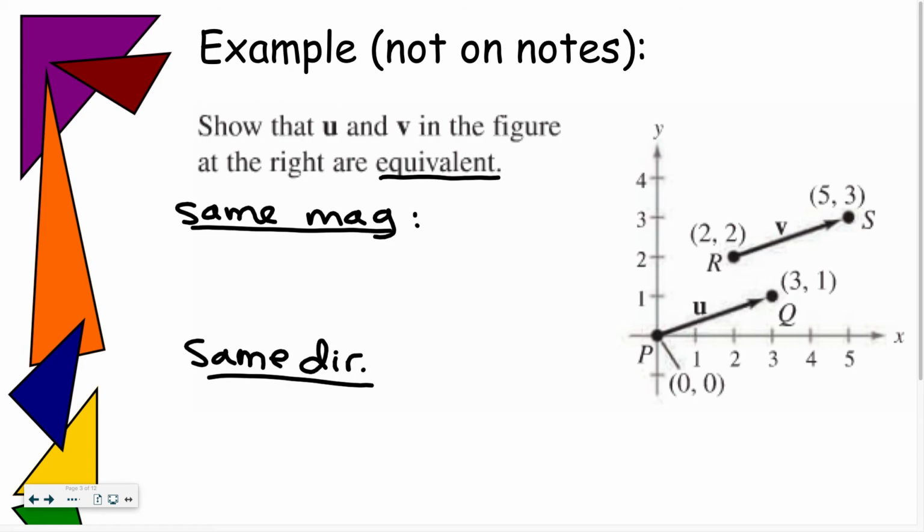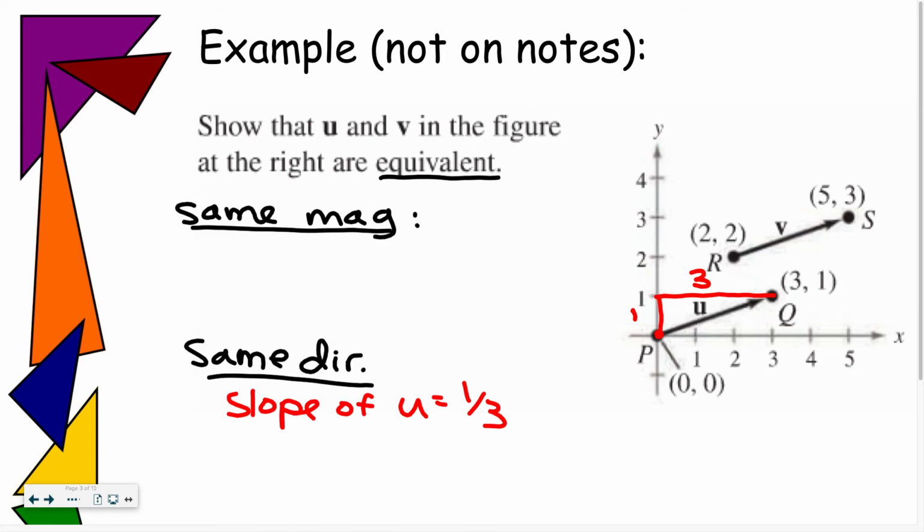So for same direction, an easy way to do this on the coordinate plane is slope, rise over run. So here's my starting point. I have to rise 1, and then I run 3. So the slope of U is equal to positive 1/3, in the direction of my arrow.